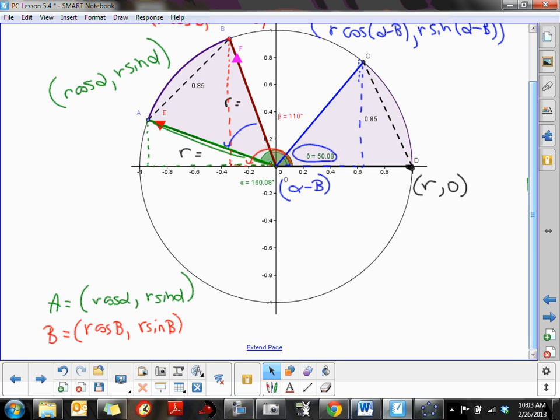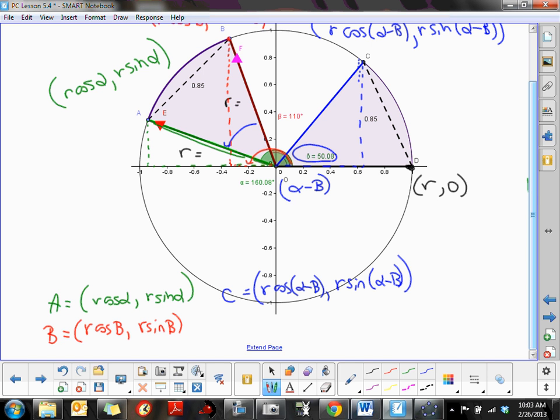Point C had coordinates of r cosine of alpha minus beta, comma, r sine of alpha minus beta. And point D had coordinates of r, comma, 0.